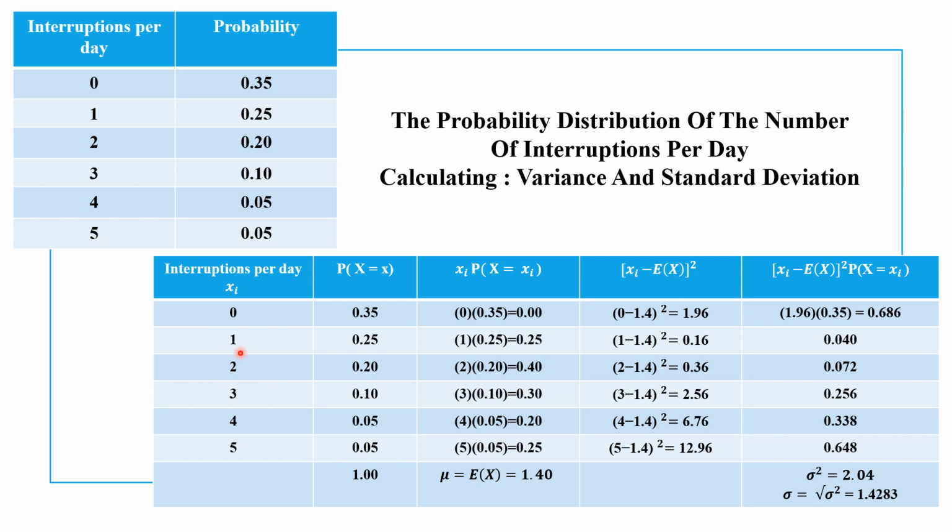So for interruptions per day, when we have one interruption per day, what you're going to do is 1 minus the expected value. You'll get the answer, and then whatever answer you get, you square it and then multiply that answer by the given corresponding probability, which is 0.2. Once you're done calculating all these, you need to add them to get the variance, and then find the square root of the calculated variance to find the standard deviation.